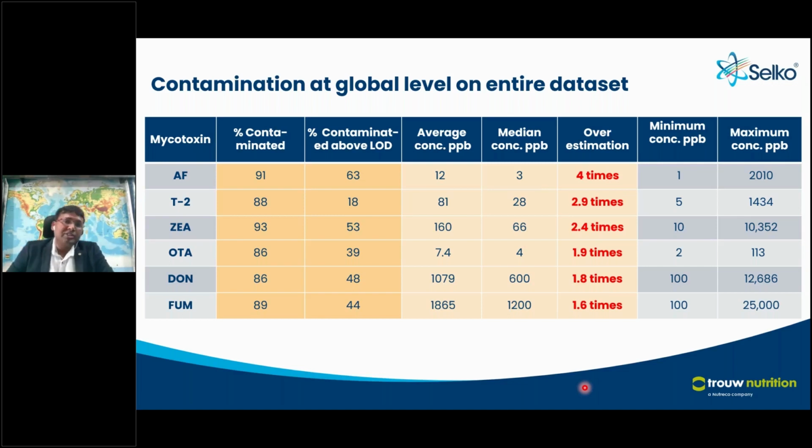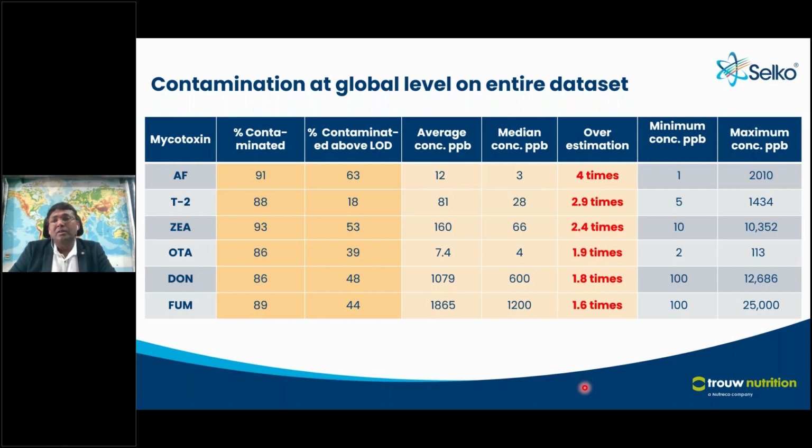The average concentration in parts per billion and the median, look at the difference between these two. And this I will emphasize quite a bit today. You see the average for aflatoxin was 12 ppb and the median is only 3 ppb.